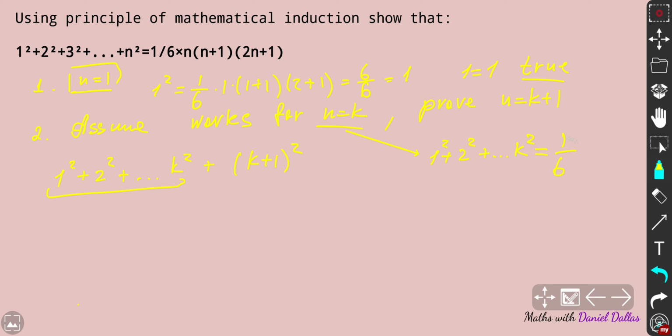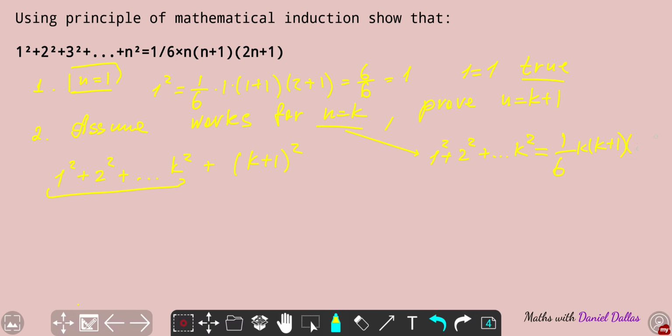So that means we've got 1 over 6, times k plus 1, and on top of that we need to multiply by 2k plus 1. So that formula is true. Now let's write the right side, our target. If we plug in k plus 1 instead of n, we should get the target formula we need to arrive at.